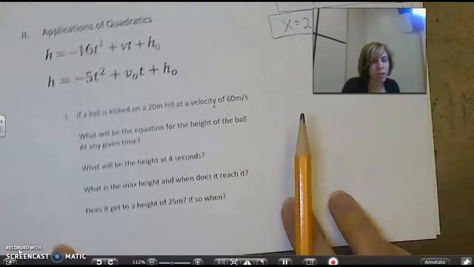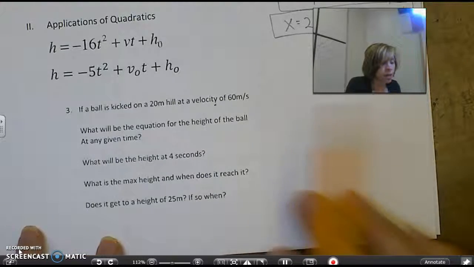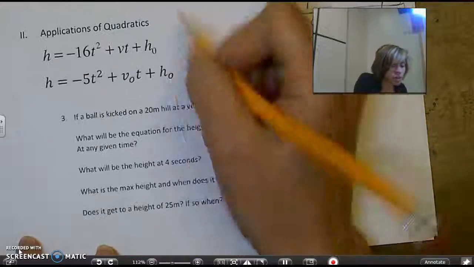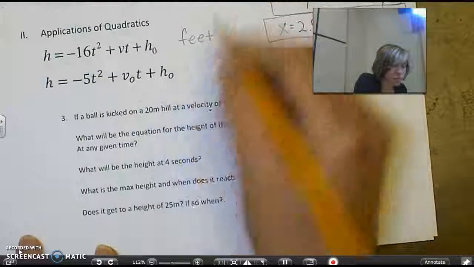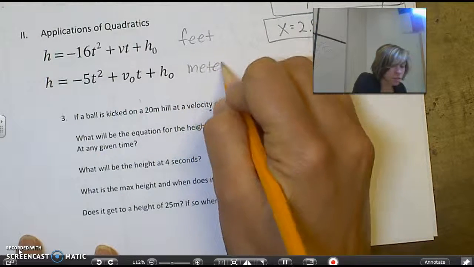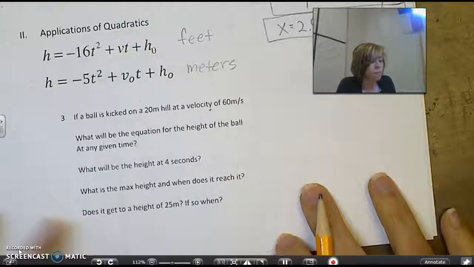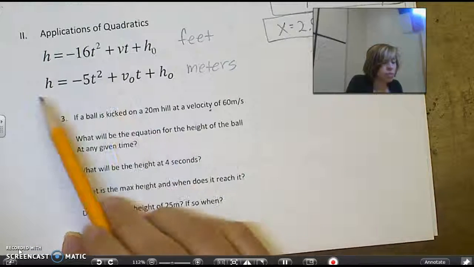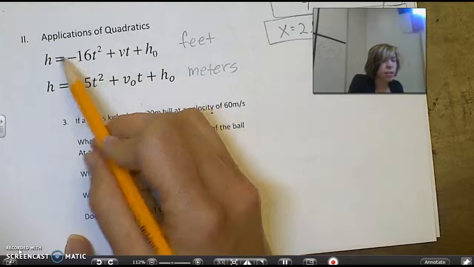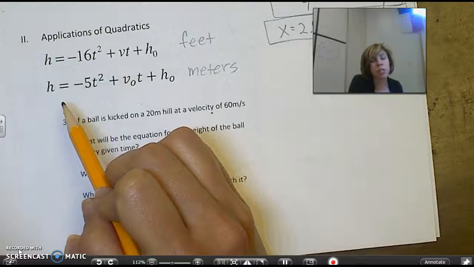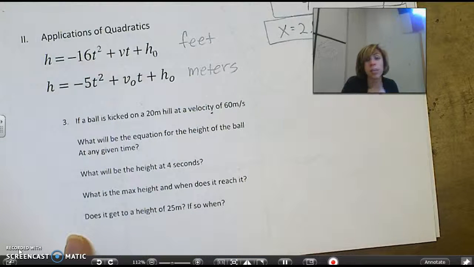The next topic was applications of quadratics. So you had, this one is feet, this one is meters. Okay, so what these equations do is find the height at any given point on your quadratic curve.